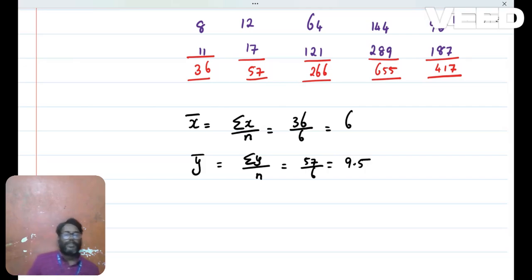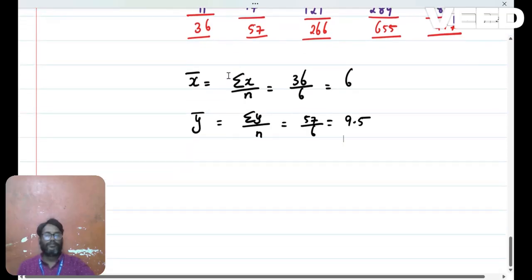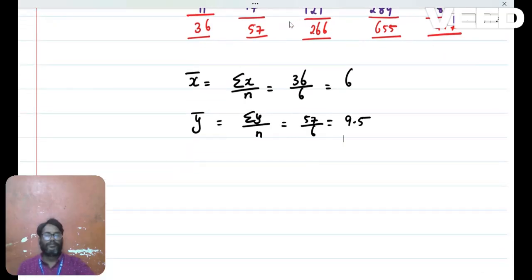Next we need the regression coefficients. First we'll find the regression coefficient byx.